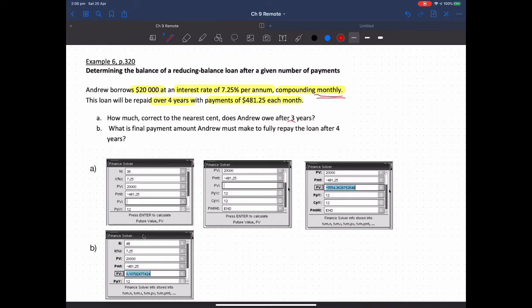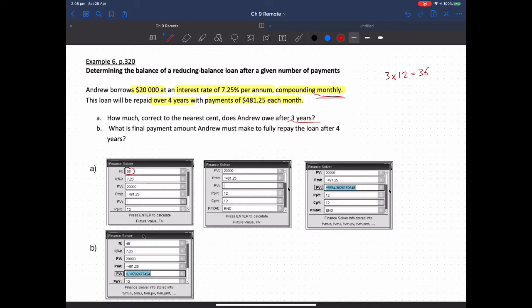We're asked over 3 years. So you could do the calculation yourself and say 3 years times 12 months a year is 36, and that is the number I have typed in on the finance solver. The other way to do it was simply type 3 times 12 in that spot and it would change it to 36.